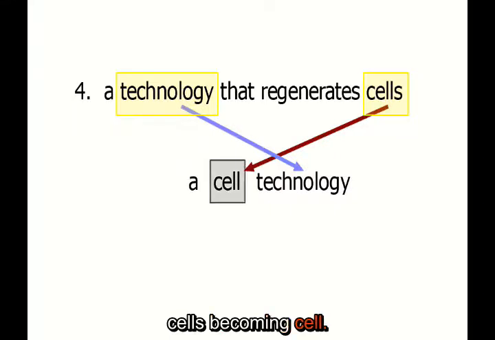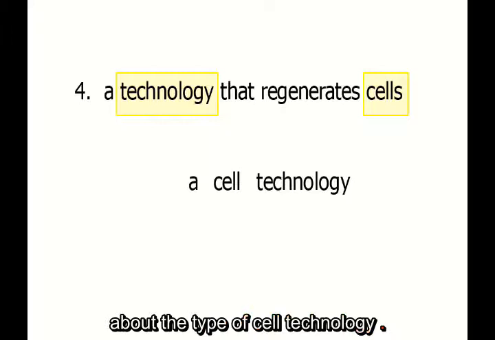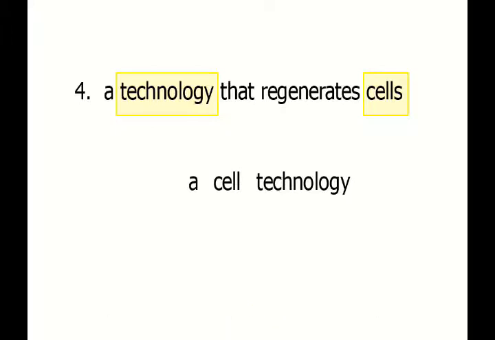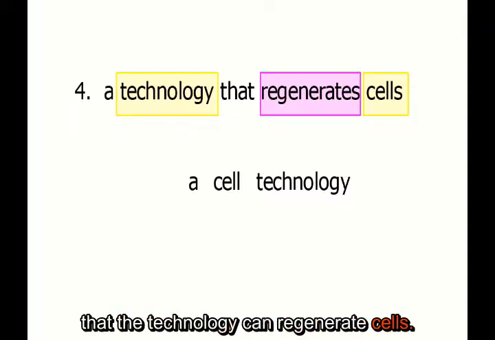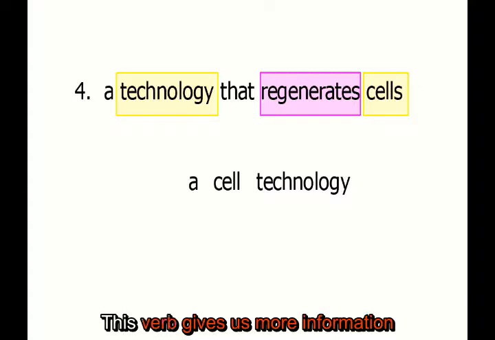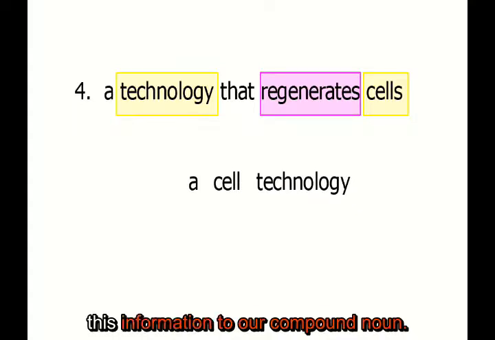Cells becoming cell. A cell technology. However, the phrase is more precise about the type of cell technology. We have a verb, to regenerate, regenerates, which informs us that the technology can regenerate cells. This verb gives us more information, and it is advised to add this information to our compound noun.